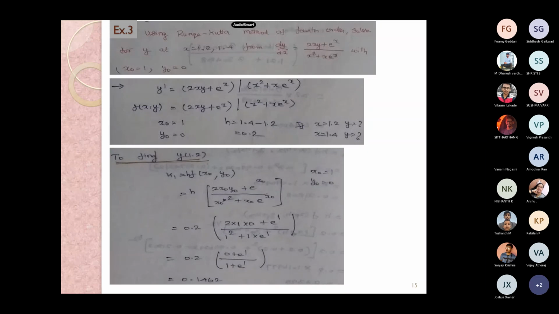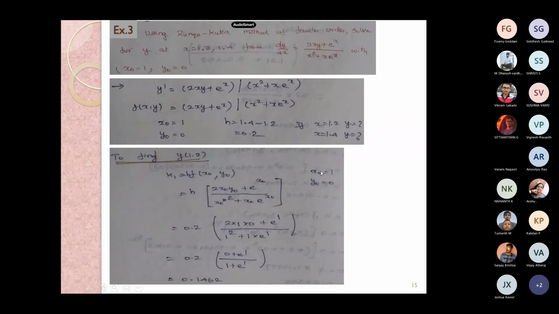Apply the respective formulas to find the respective answers. Here k1 is equal to h into f of x naught, y naught. We apply the x naught, y naught values and find the values of k1, k2 and the rest. Through that we can find delta y. Once delta y is known, we add it to y to get the newer y, that is y1.